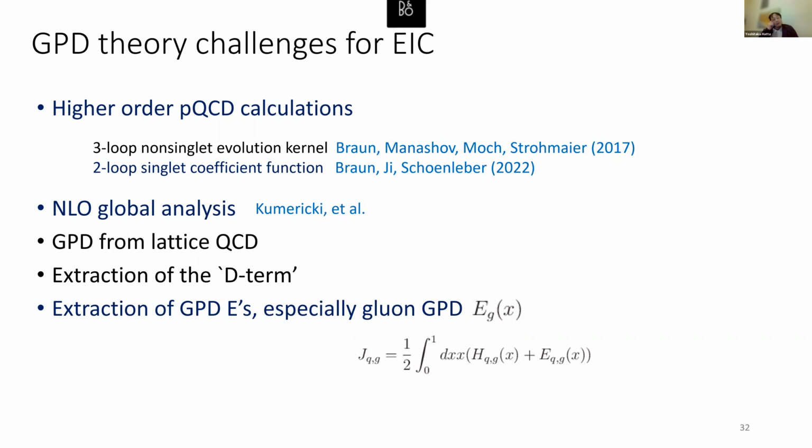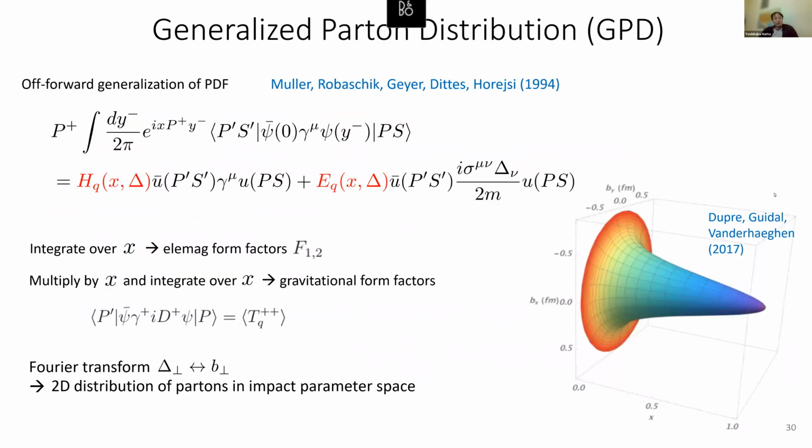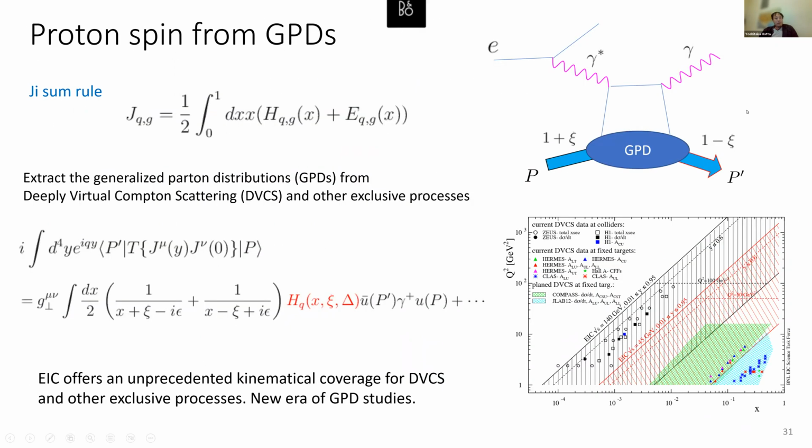From my viewpoint, the most important challenge about this GPD is the extraction of GPD E, which is the second term here. If you look at this G-sum rule, the first term H is related to the usual unpolarized gluon distribution function.